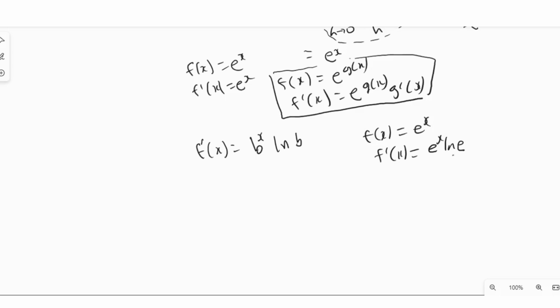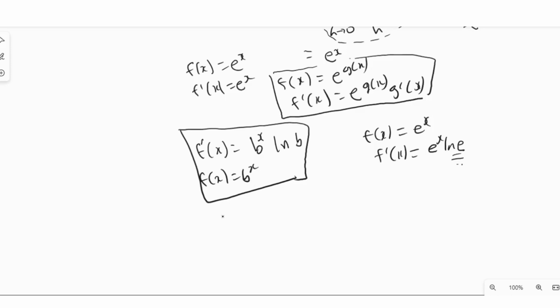But ln of e is equal to 1. Therefore, we don't write ln of e. We just say the derivative is e to the power x. The same way, if f(x) is b to the power x, then the derivative of that will be b to the power x times ln of b.